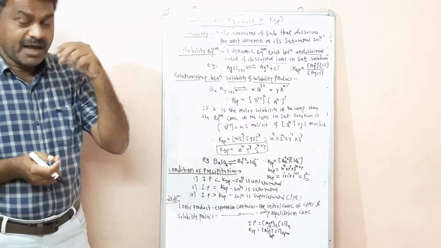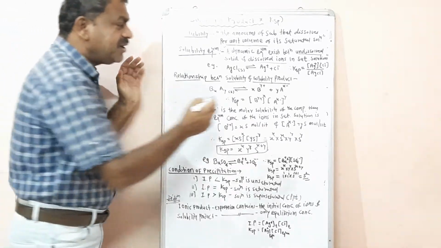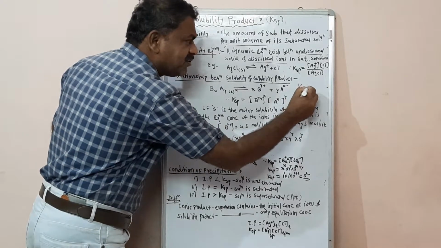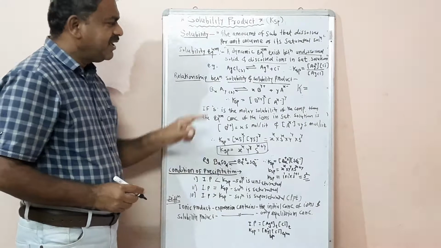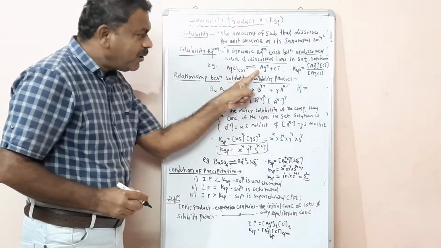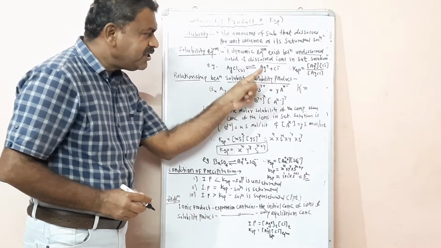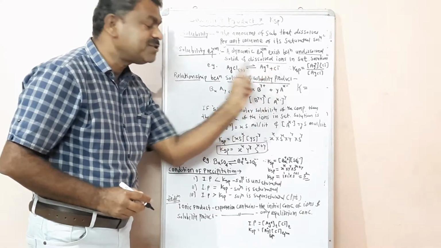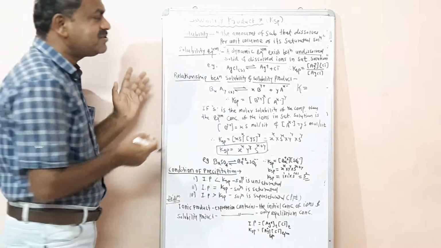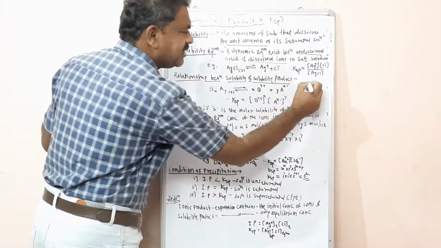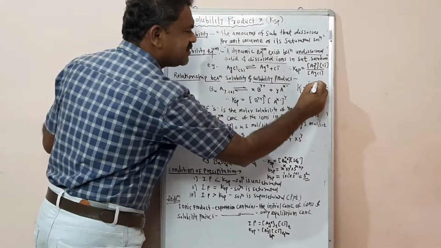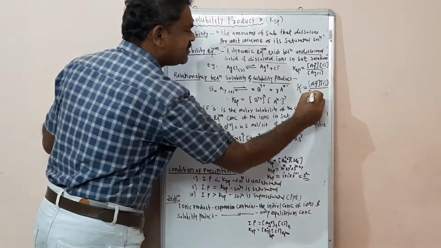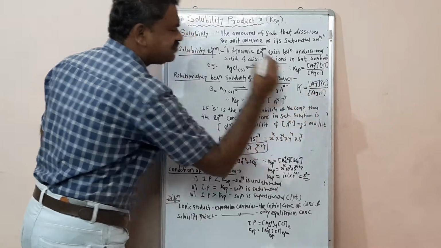But if you determine the equilibrium constant K, K is equal to the product of the molar concentration of Ag plus and the molar concentration of Cl minus ions, divided by the concentration of AgCl.